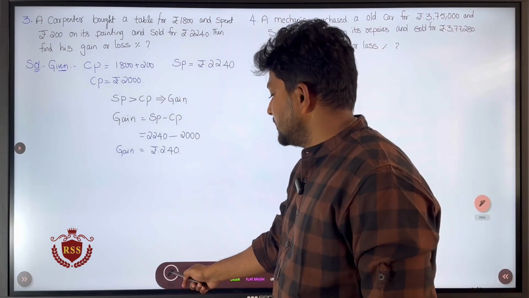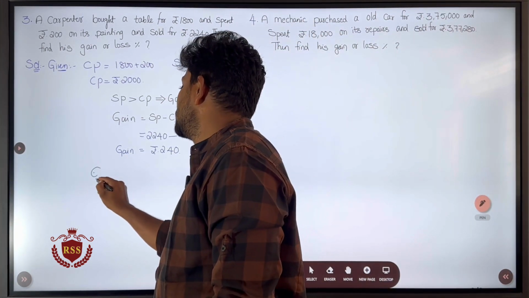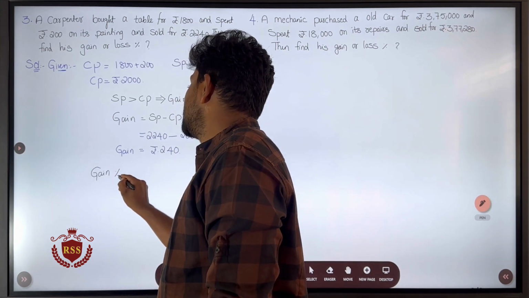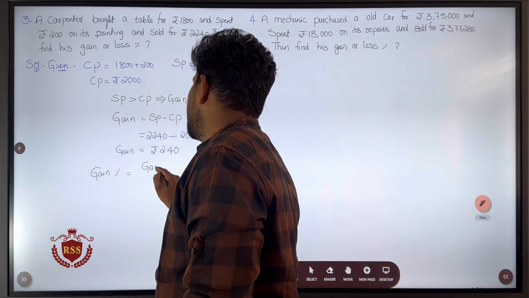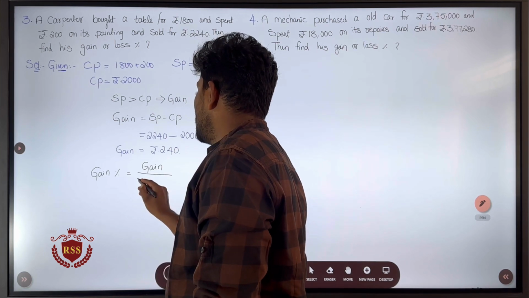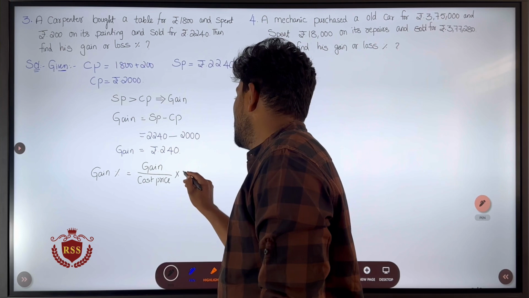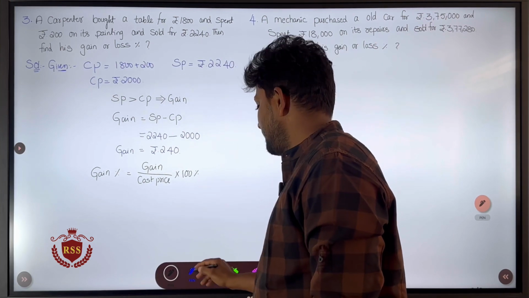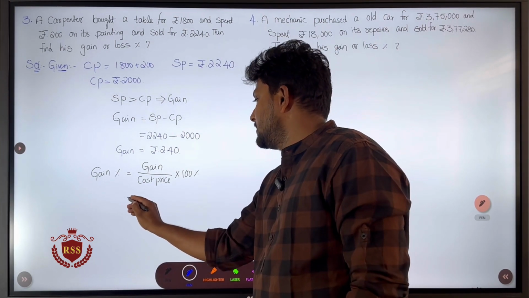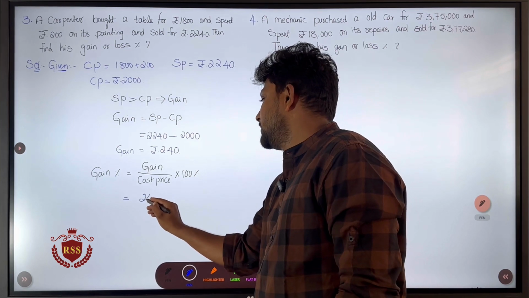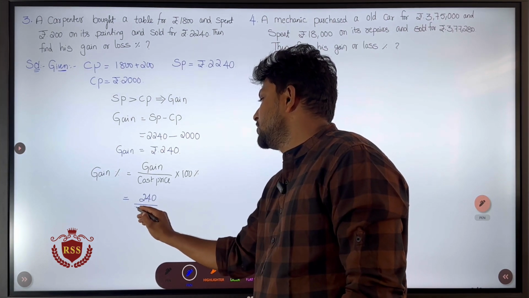Then we need to find the gain percentage. Gain percentage equals gain, which is nothing but the profit, by cost price, into 100%. What is the gain here? 240 by cost price, which is rupees 2000.